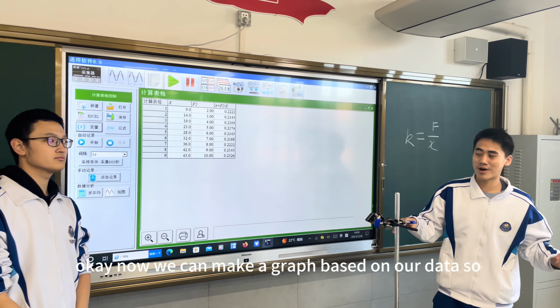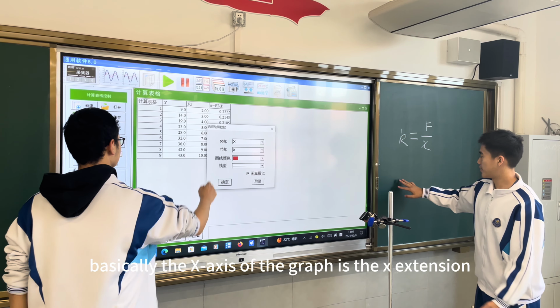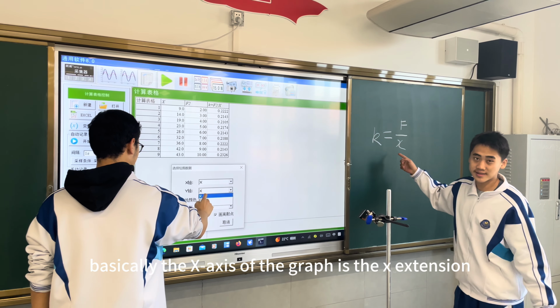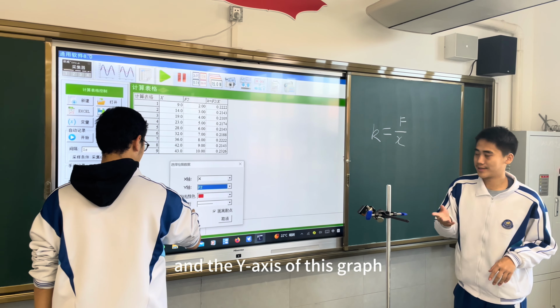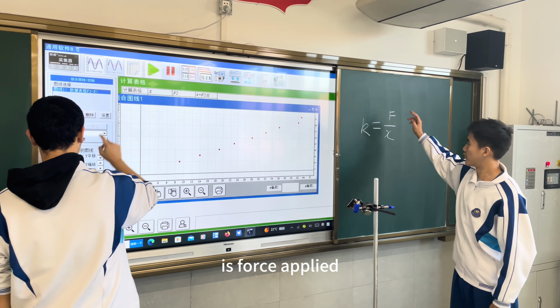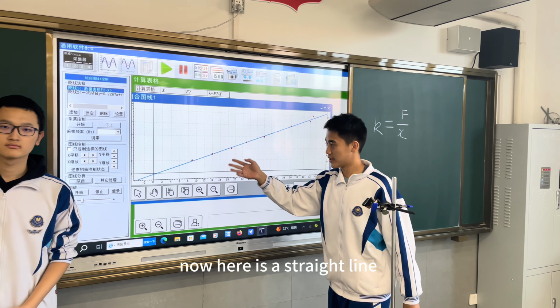Okay, now we can make a graph based on our data. The x-axis of the graph is the extension X, and the y-axis, which is the dependent variable, is the applied force. Now here is a straight line.